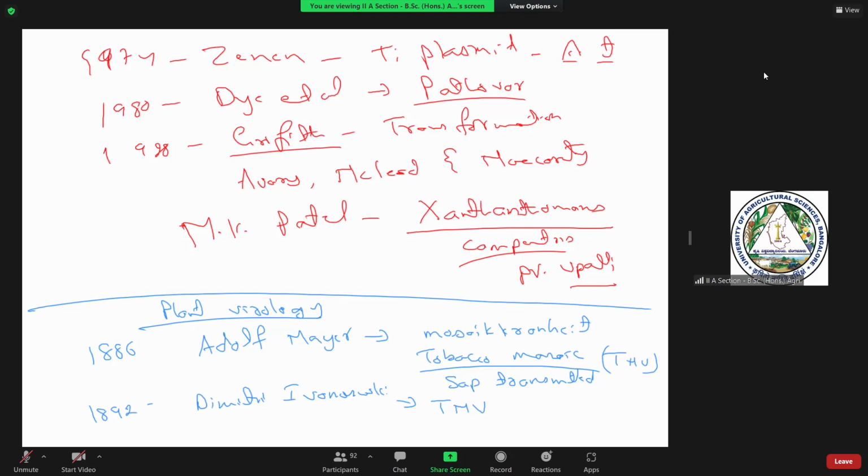He demonstrated that TMV can pass through bacterial filters, indicating that the viral particles are smaller than bacterial cells, so they can easily pass through bacterial filters.